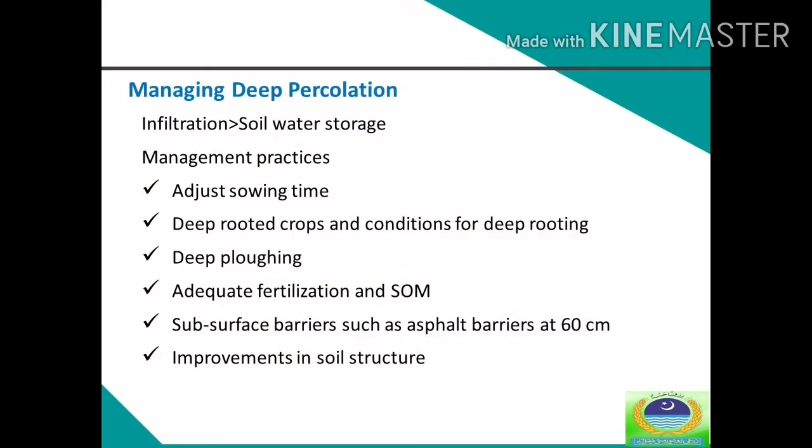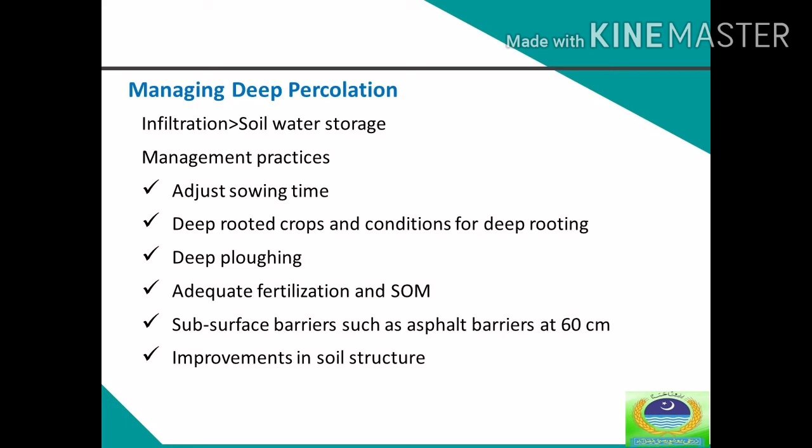To reduce the potential for percolation losses, the crop sowing time should be adjusted such that it matches the season when the potential for percolation is the greatest.